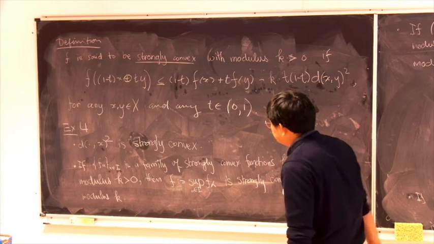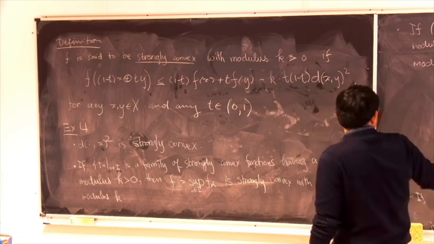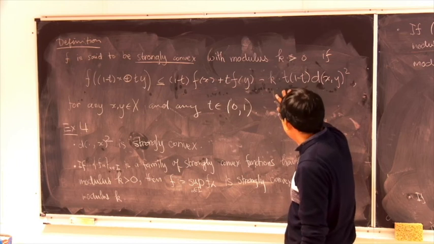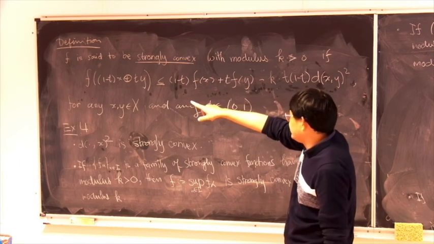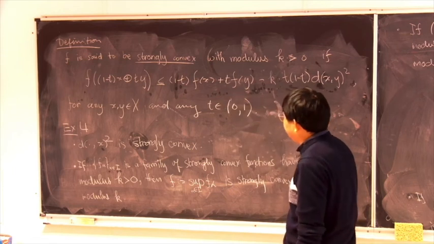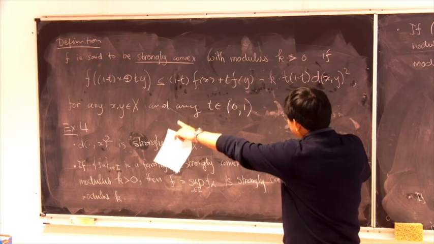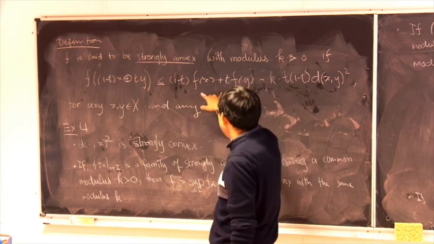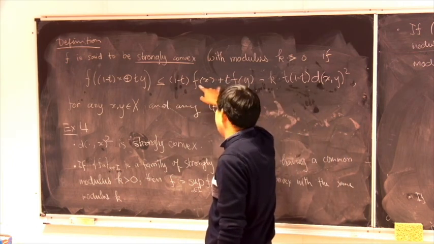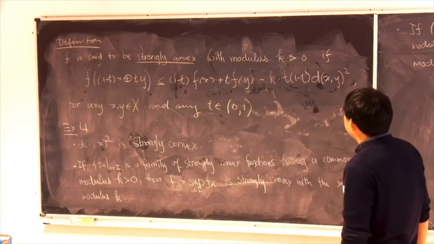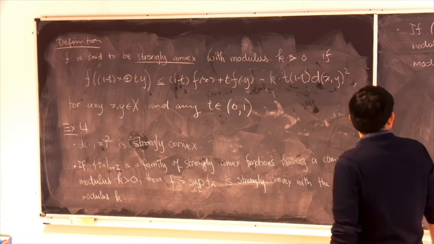You get the result. Now, if you have a sequence here, f here and here is replaced with fn, and then you take limsup on both sides. You split the limsup using the inequality here and here, and you get the result.